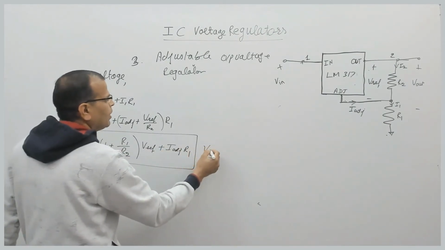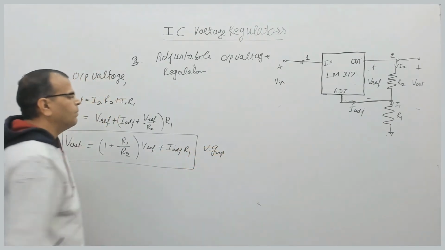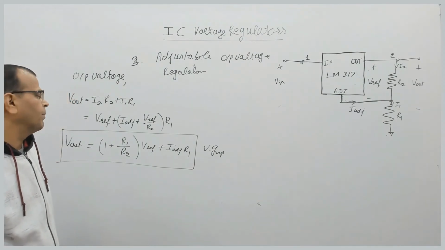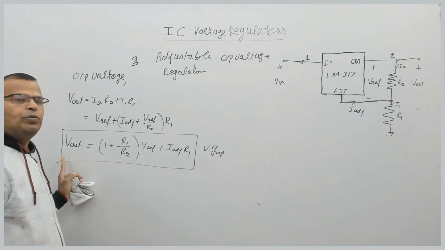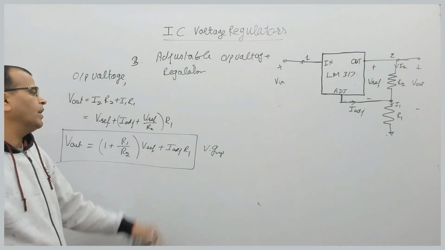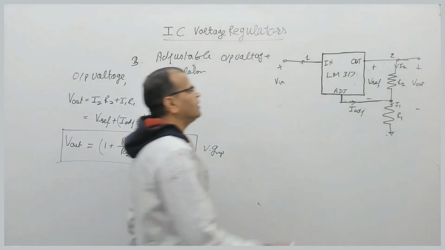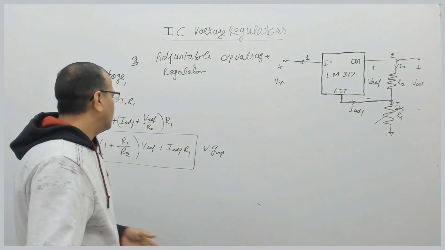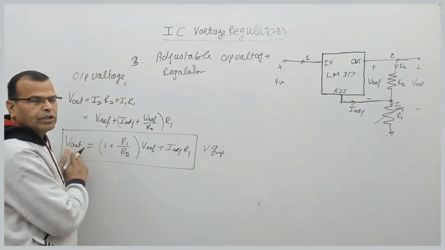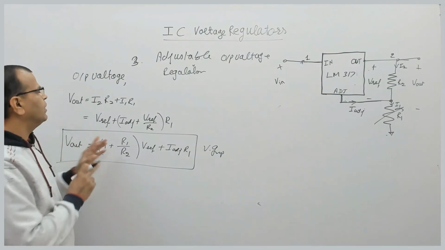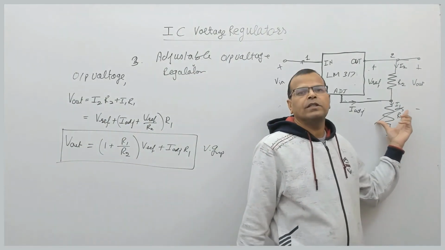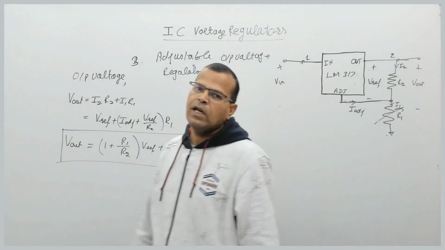This is very important. You can have numericals based on this in the GATE exam, in engineering services prelims or in university exams. Fine. So my output voltage is a function of Vref and I adjusting. Now if R1 is variable, we can vary this voltage. So the output voltage of this circuit can be adjusted by varying the resistance R1.